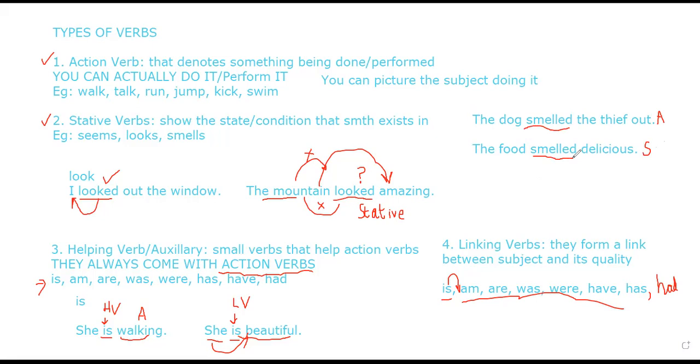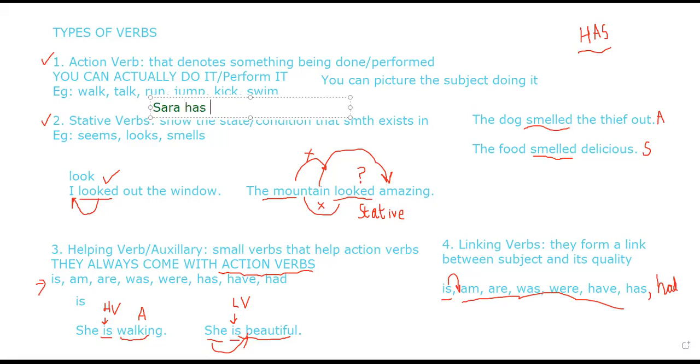Now, that brings us to the tricky part. Now, there are some verbs that fall in all the four categories. For example, has. Has falls in all the four categories. How is that? Now, let me just do this with a different color, because I think that our board is filled now. I'm just going to go with green, right? So I'm going to write has as an action verb over here.